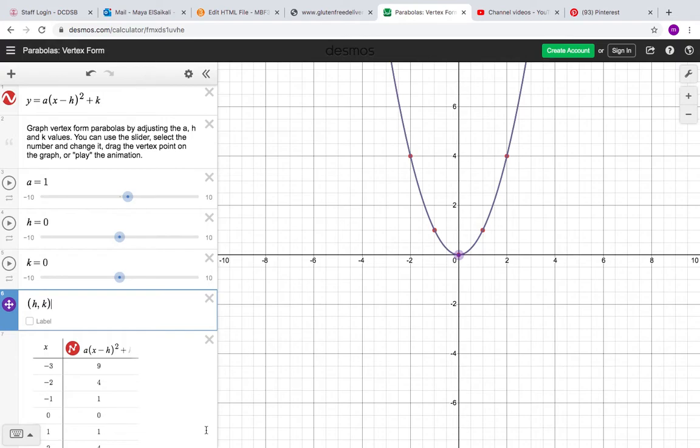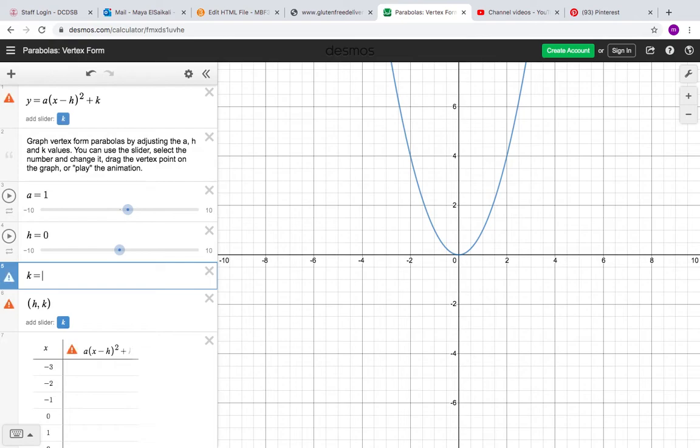So if you have y equals, a is 1, h is 0, so it's going to be x squared plus k. If I have the x squared and I'm adding a number to it, what's going to happen to my graph? The k right now is 0, and I'm going to add something to it. So let's make k 1.